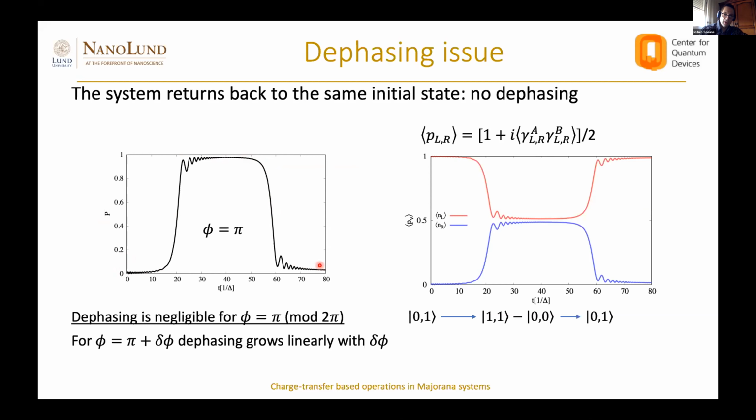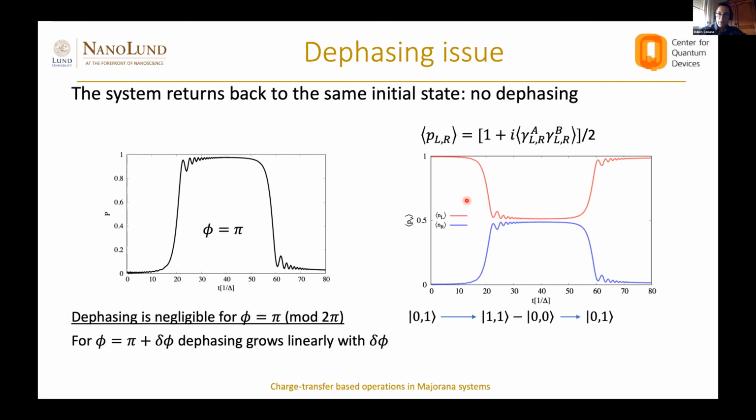I would like to note that there is some small difference here due to non-adiabatic effects only. And the parity of the left and right Majoranas exhibit a similar behavior. So if we start from a state which is 0, 1, we go to a superposition between 1, 1 and 0, 0, which is what we wanted. But then when we return back, the system returns back to the same initial state.